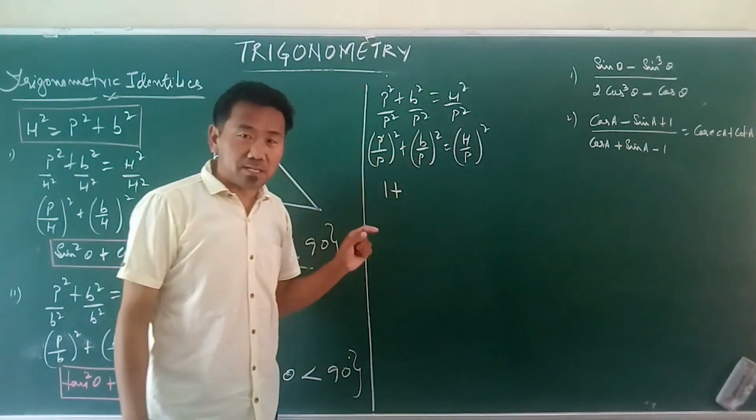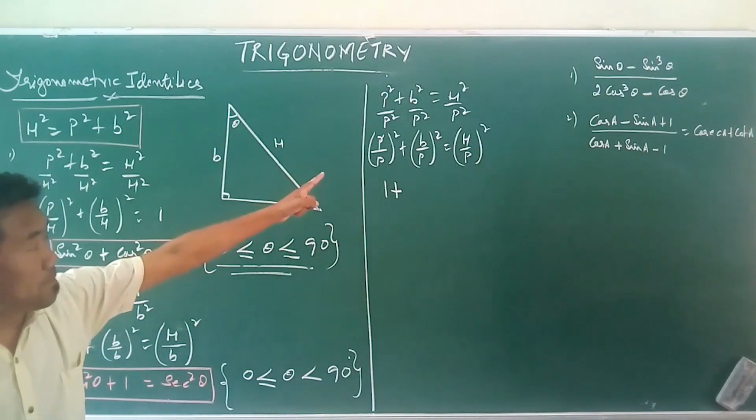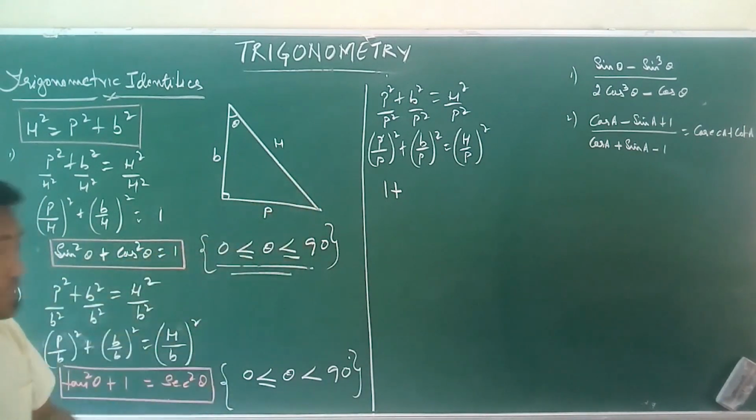Now b by p, look at here. If p by b is tangent, the inverse of it, b by p, is cot, isn't it?